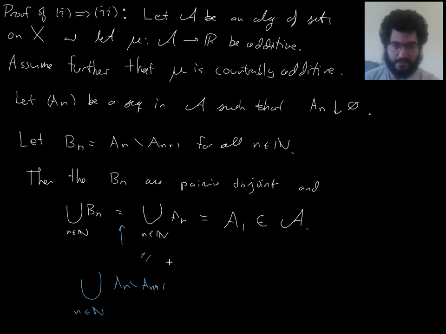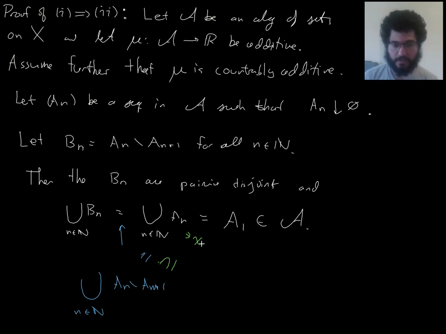So that inclusion, there's no doubt, but this inclusion, there is definitely doubt. Somehow this is going to be something that's working out because of the way the A sub n's are nested, right? So let's verify. Let's suppose you've got some point x in here. Then can I show, so that means x is in at least one of the A sub n's, can I show that x is then in at least one of these complements here?